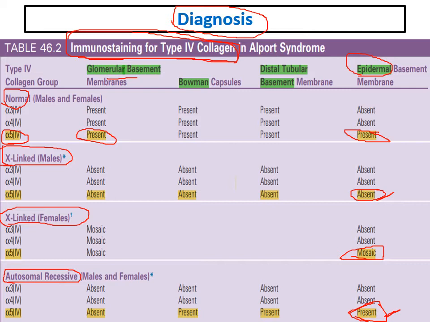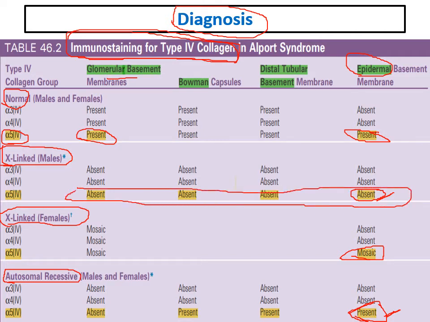But for the X-linked males and autosomal recessive, it is absent in the skin epidermis in X-linked males and present in autosomal recessive. And if you focus here, you will find that in X-linked males, alpha 5 is absent in all areas: the glomeruli, Bowman's capsule, and distal renal tubules.